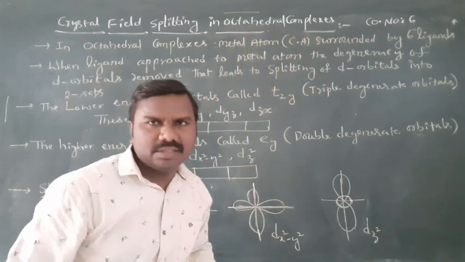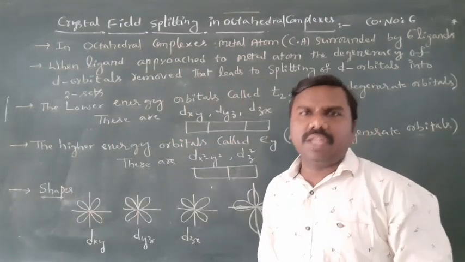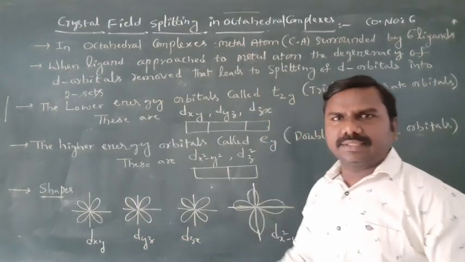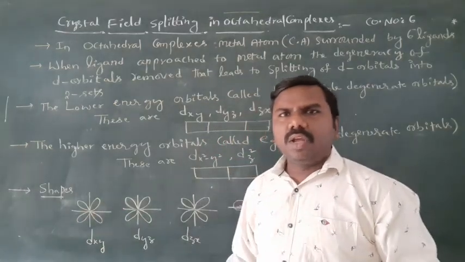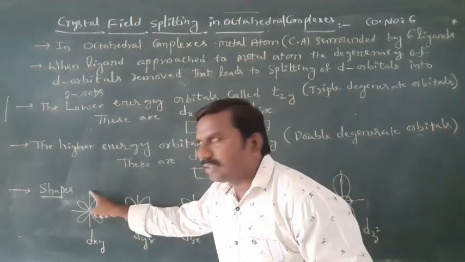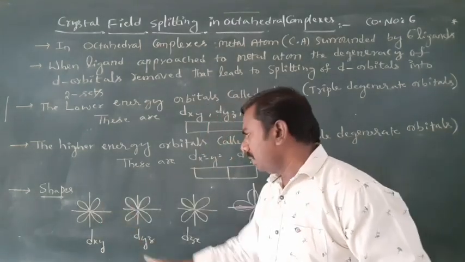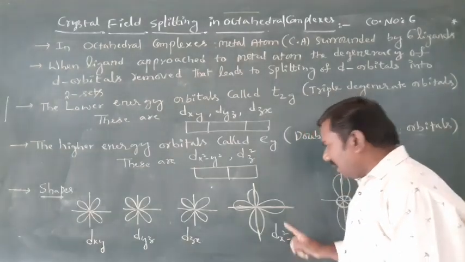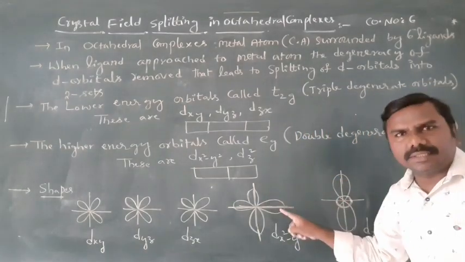To know the reason, we should know the structure, otherwise the shapes of d orbitals. In dxy, dyz, dzx, the electron cloud is located between the axes. Clear, all of you? Between the axes. In dx square minus y square and dz square, the electron cloud is located on the axis.